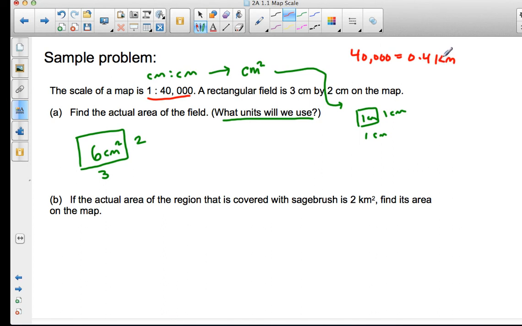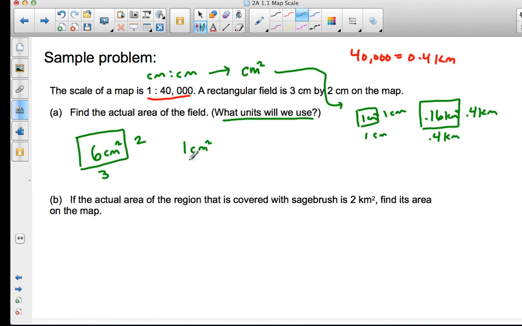Think back to the acronym and start jumping up. Okay, so back over here, that means for every 1 centimeter, I can represent that as 0.4 kilometers. And 0.4 kilometers. So then my area ratio now becomes 1 square centimeter to 0.16 square kilometers.